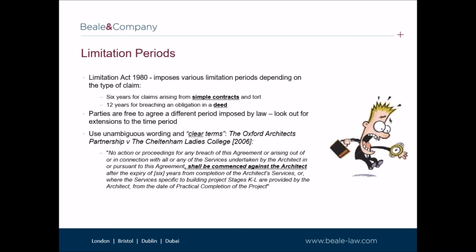Ramsey, the judge, agreed with the architect's interpretation, in fact, and held that in order to extend the statute limitation period, clear words would be needed such that the right to rely on limitation defences under the Act is expressly excluded. It's not enough to refer to when claims can or can't be commenced.